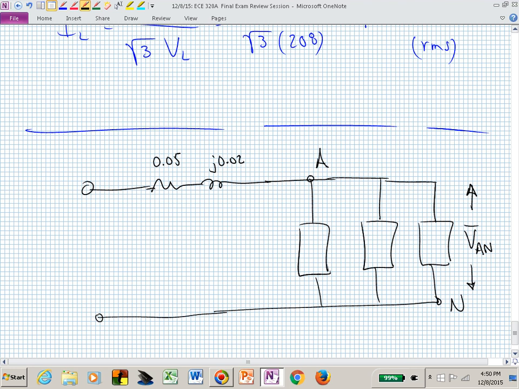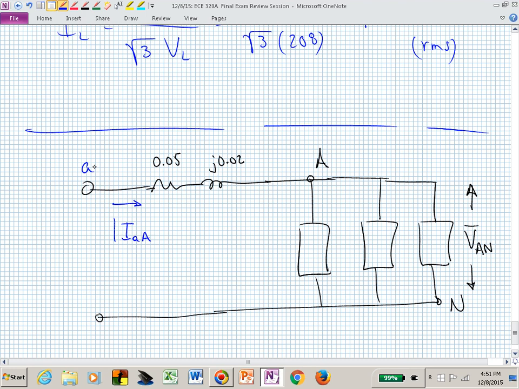Could you find that with what we've found so far? You just determined this line current magnitude to be I sub AA.